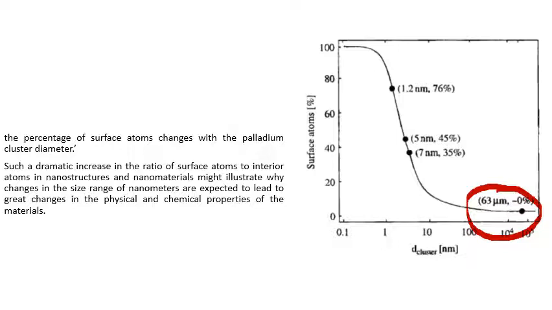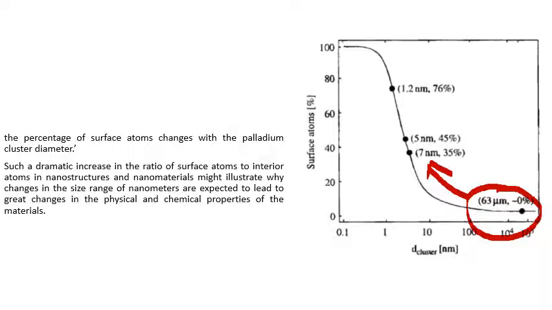Now, as you decrease the size of the palladium crystal, this will move in an upward direction towards the left. The graph is moving. Why are we having this dramatic change in the ratio of surface atoms to interior atoms? Because now more atoms will participate.